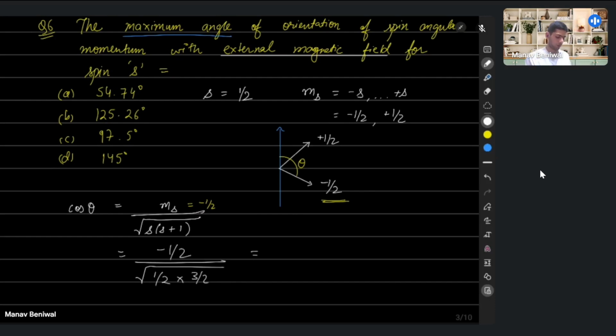On solving this, we will get minus half into 2 divided by root 3, which is nothing but minus 1 by root 3.